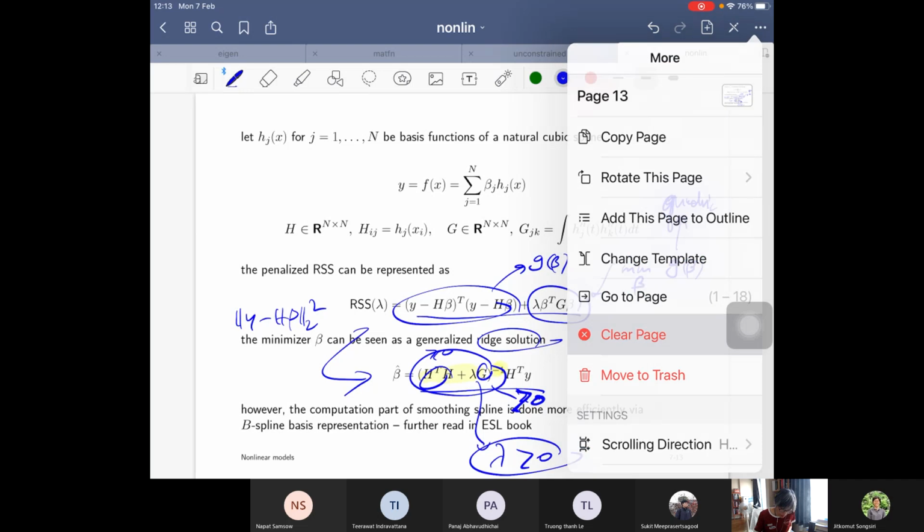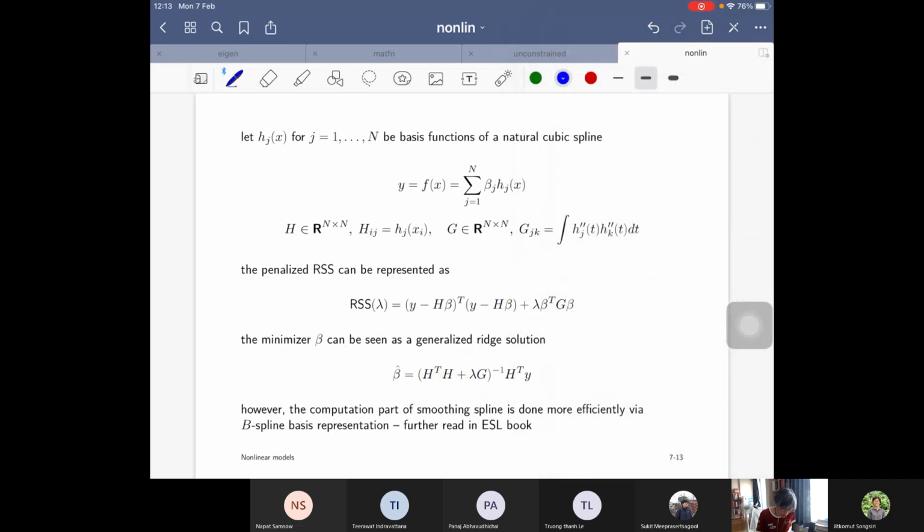Now with this expression, to be proved in your homework exercise, you see the role of lambda here, just like the role of lambda in the Ridge regression. What happens when lambda is big? When lambda is big, what happens to this inverse? Is it small or large? Yeah, small.